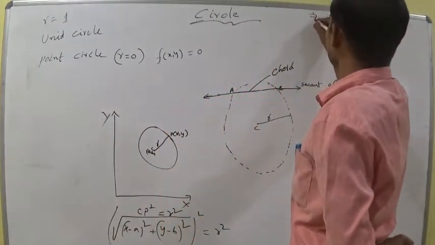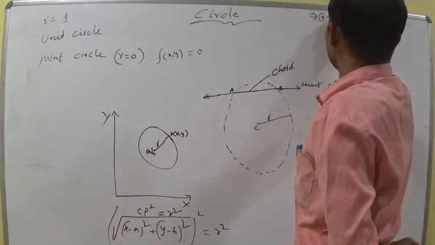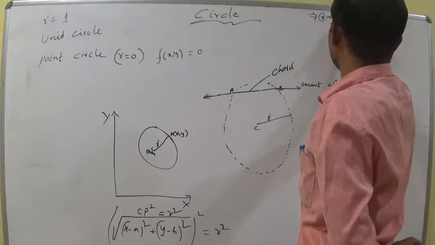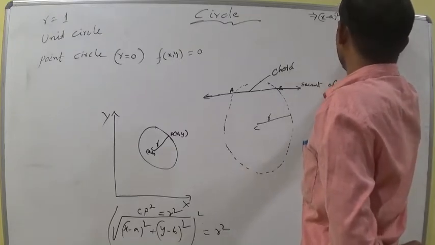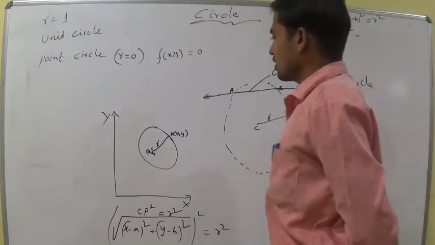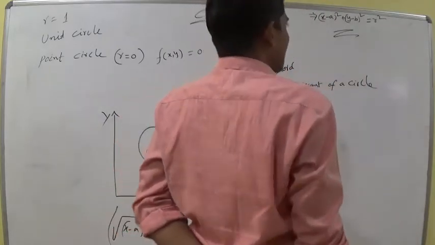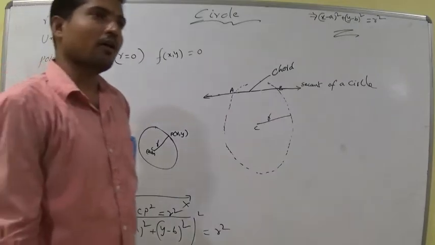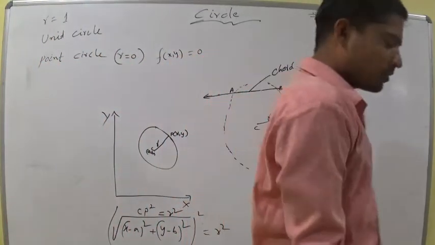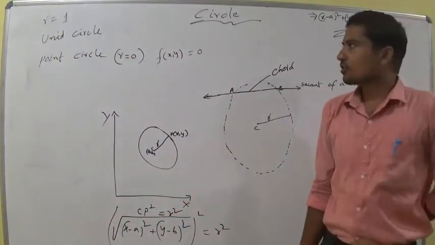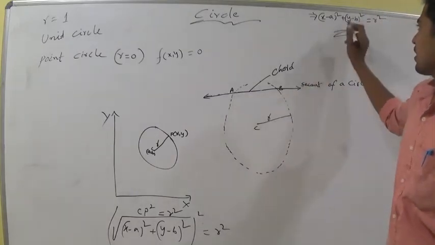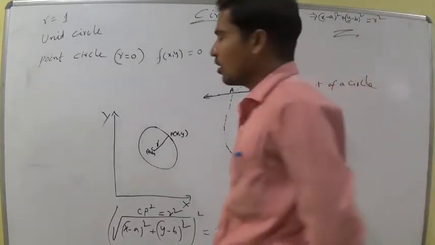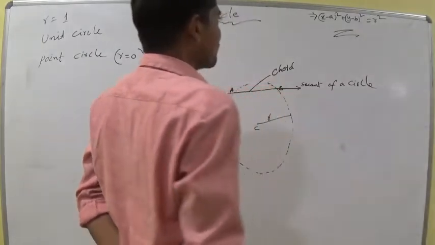That implies x minus a whole square plus y minus b whole square is equal to R square. This is the equation of a circle with center A comma B, and a point P on the circle is x minus a whole square plus y minus b whole square is equal to R square.